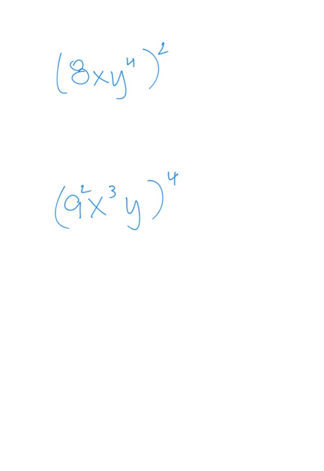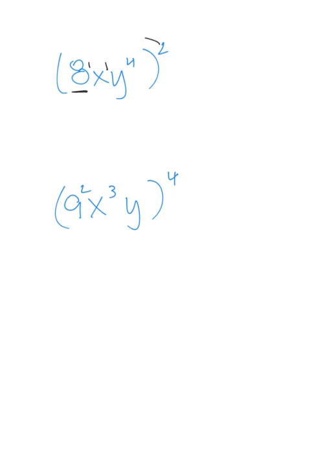Here are 2 examples. We have 8xy to the 4th, all raised to the 2nd power. So when you're looking at your 8 and then the squared, you've got to remember that there is that tacit 1, that implied 1. So it's 8 to the 1st power. Remember, we are working with exponents. We are not touching this base yet.